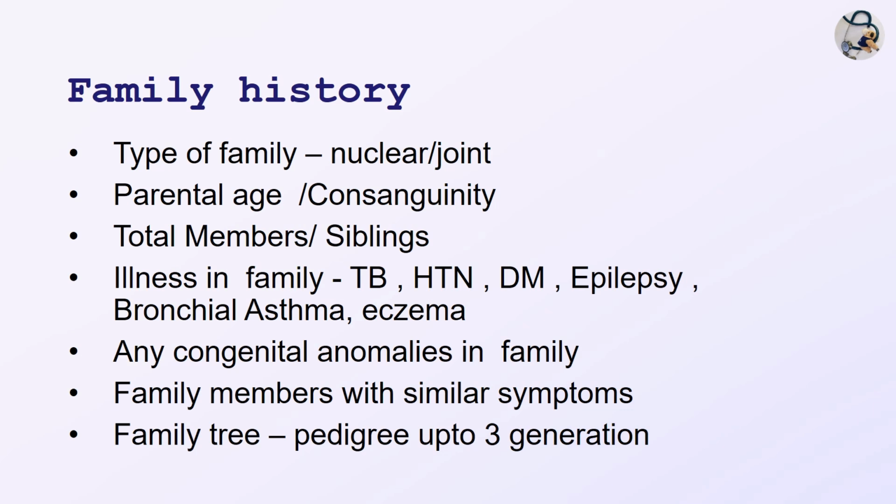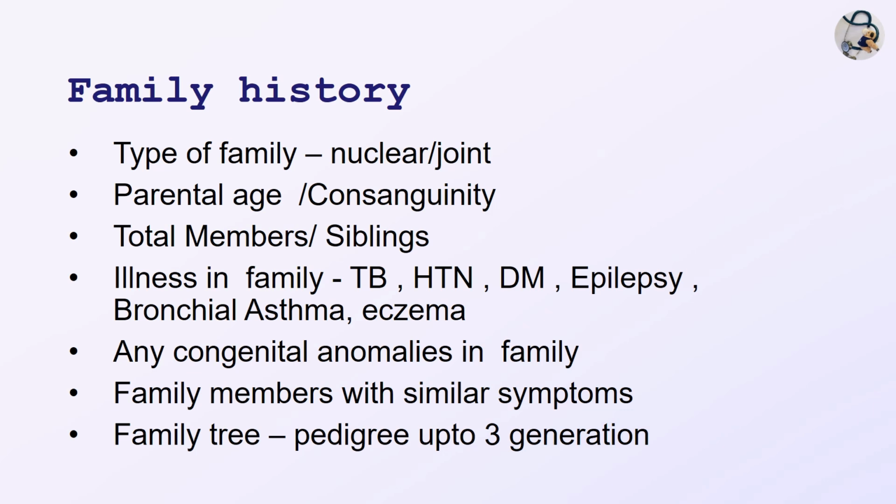Then move on to family history. Here you have to ask about the type of family, whether it is a nuclear family or joint family. Parental age of the mother and father, whether this was a consanguineous marriage, that is a marriage in the blood relations, total members in the family, and the number of siblings this child has.